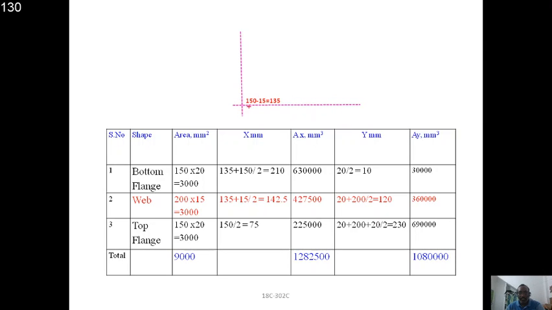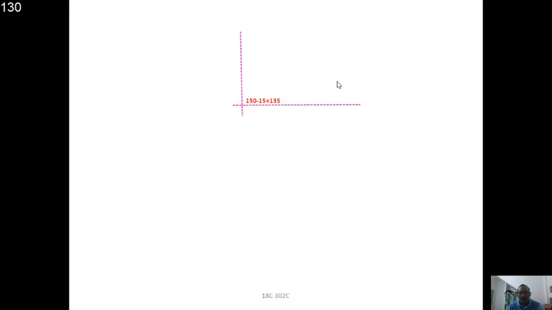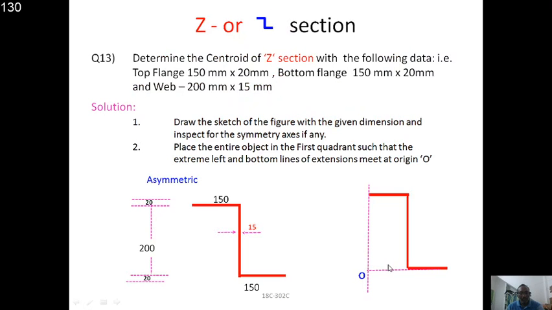In order to make it into the first quadrant, this is the distance of the bottom flange away from the origin, right? You will see that also. This is the distance, this is the distance of 135.